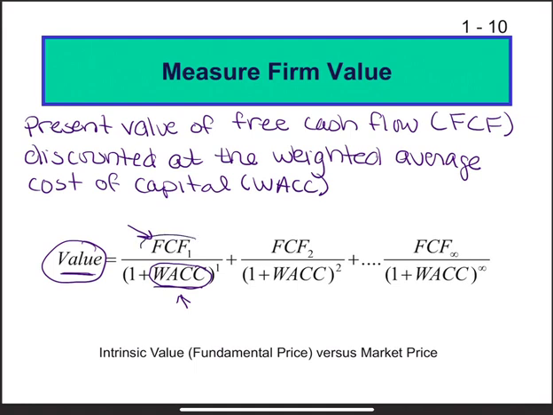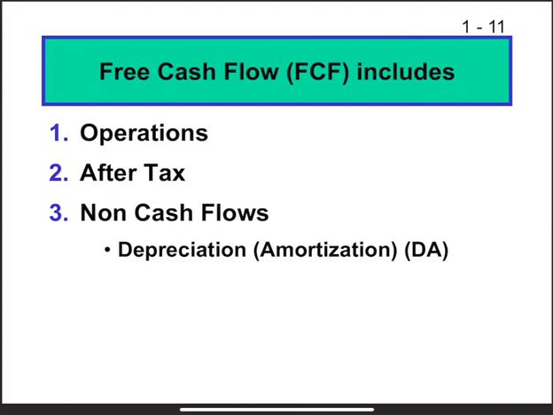Today's lesson, we're going to focus on calculating free cash flow. So what does free cash flow include? It includes cash from operations, cash after tax, as well as non-cash flows, so depreciation and amortization. So for this, we will be using 2 of the financial statements of the firm, the balance sheet and the income statement.